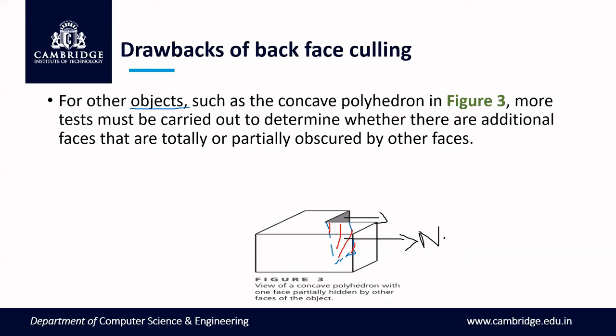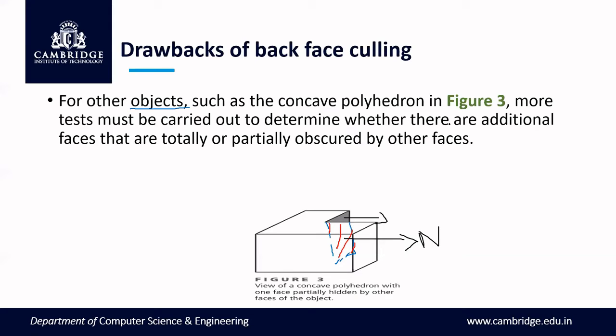Assume your viewing angle is whatever your camera is, because based on that I have drawn the diagram. So according to that, we assume that this face is completely hidden, but there is some part which is actually seen. So this is actually a problem in our back face detection algorithm. This is a drawback here.